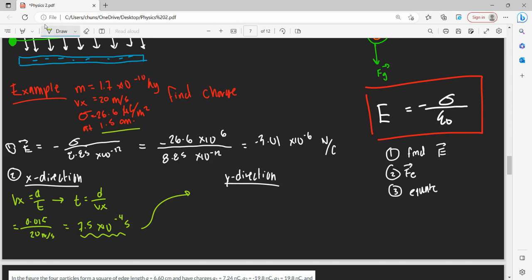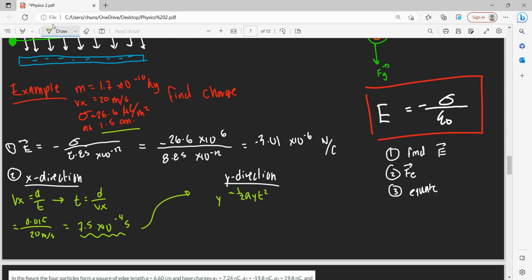So instead, we will be using dy equals 1 over 2 a t squared.